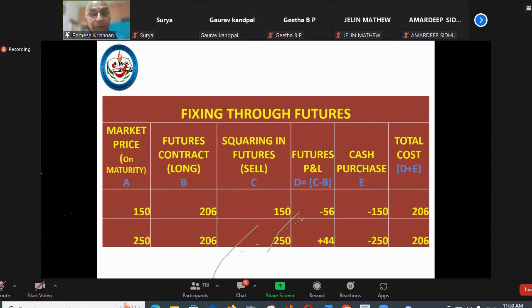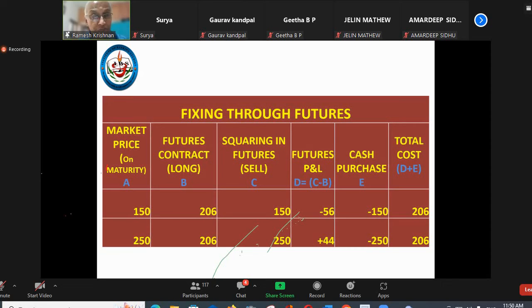So the physical purchase and consumption of cement, you expose yourself to the normal cash market. Whoever is the dealer who has opened shop on that day, from him you buy at the closing prevailing price of 150 and complete your construction. So A and E is independent of what you do on the derivatives or futures market, which is B, C and D. B, C and D is what is happening in the futures market.